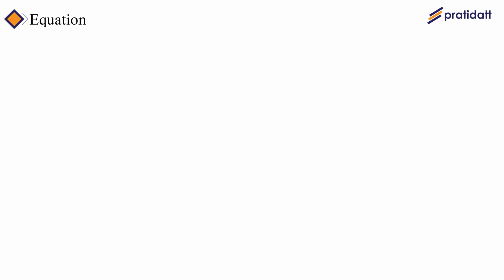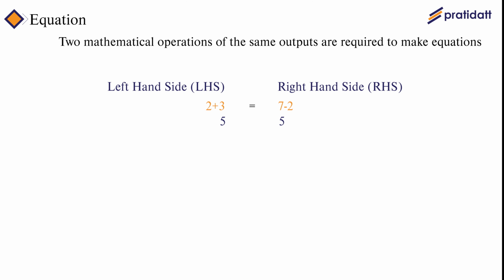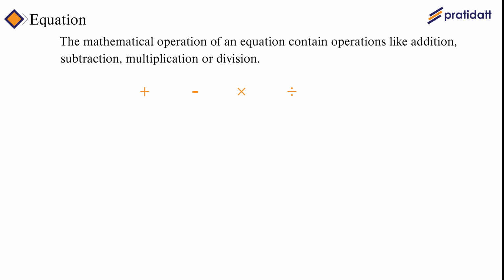Now that you have understood the concept of equation, let's see a summary of equations. An expression of equality is called an equation. Two mathematical expressions with the same output are required to make an equation. The mathematical operations in an equation include addition, subtraction, multiplication, or division.